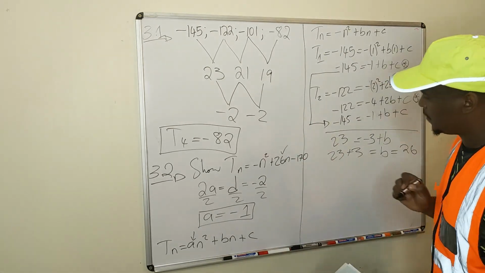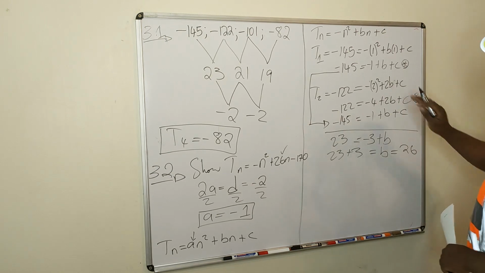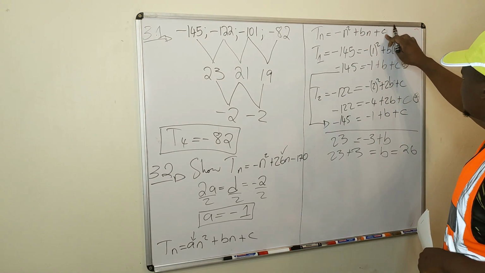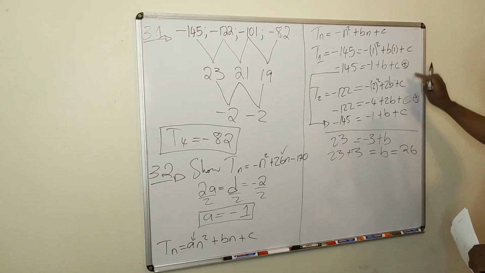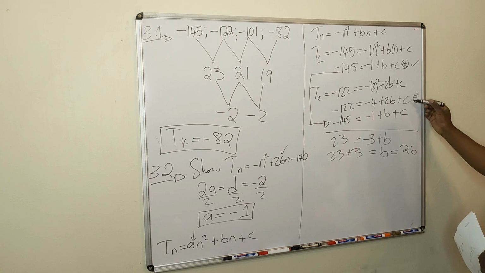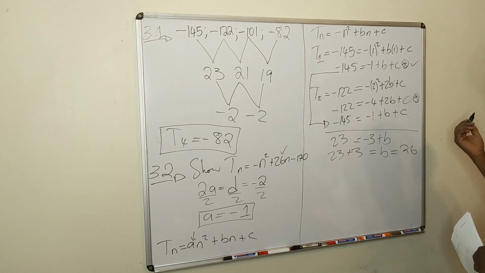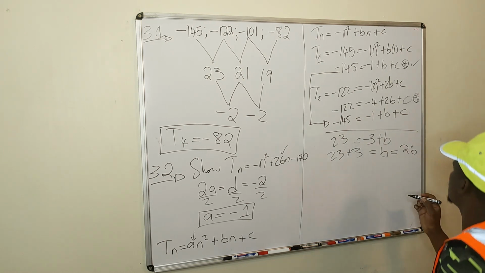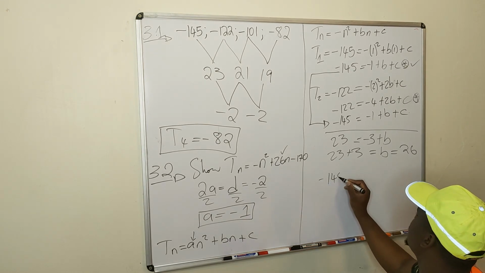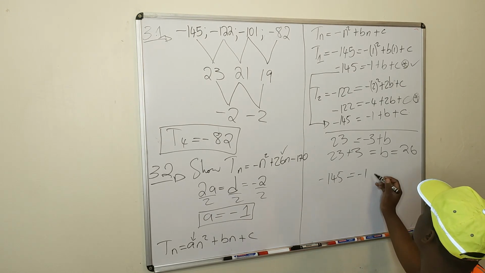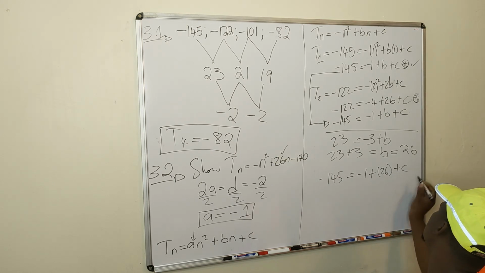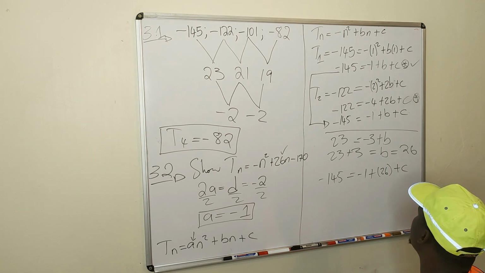We are good so far. So now you have your b to be 26. The only thing you're left with is finding c. You take any of these two equations to find your c. I'm going to take this one. You can take either one to find the value of c. So minus 145 is equal to negative 1 plus b, which is 26, plus c, which is what is missing now.